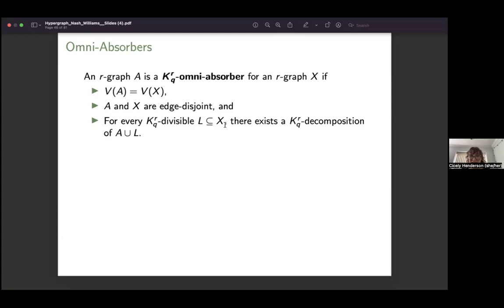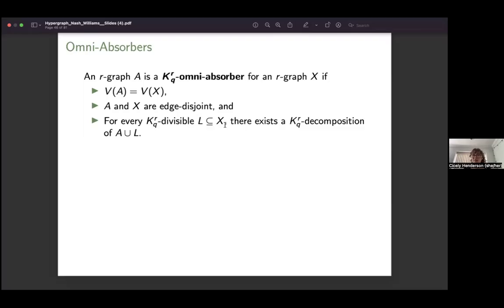Once again, I think this definition is a little bit magical. At least when I first saw it, I was like, well, sure, that would be convenient, but how do we know such an omni-absorber exists? Now, the existence of omni-absorbers is actually not too hard, right?